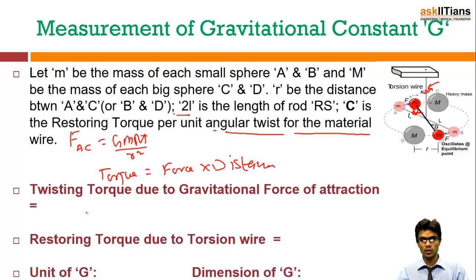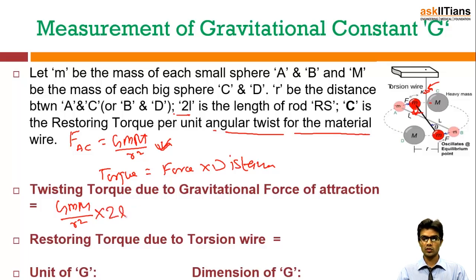So the twisting torque due to the gravitational force of attraction is G m1 m2 by r square into the distance, which is 2l, so 2l.